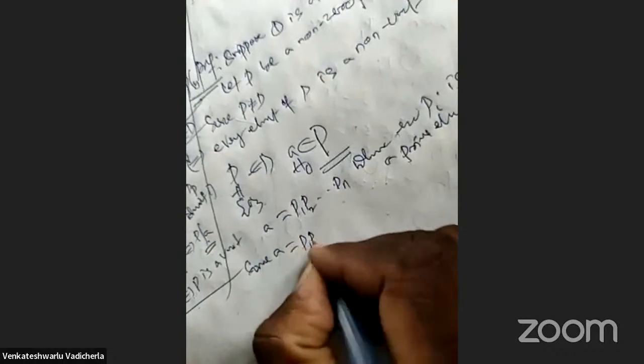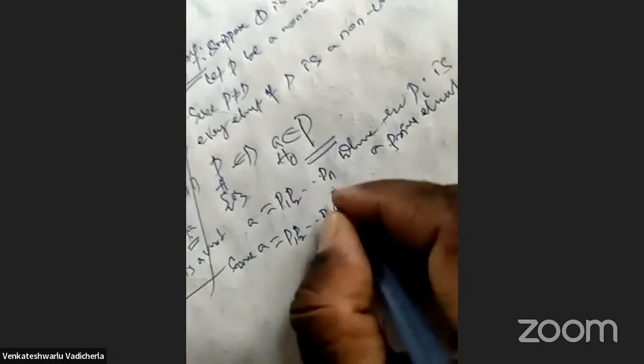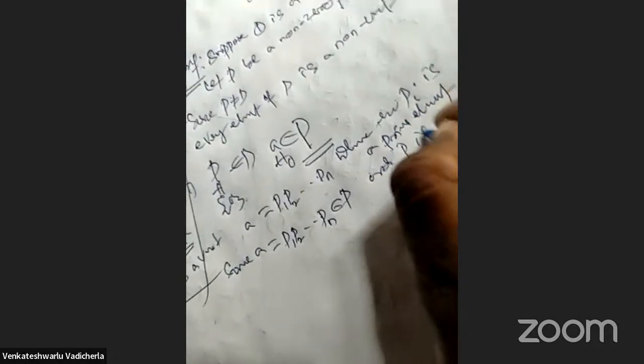Now, since A = p1 p2 up to pn belongs to P, and P is a prime ideal, it follows that P contains a prime element.